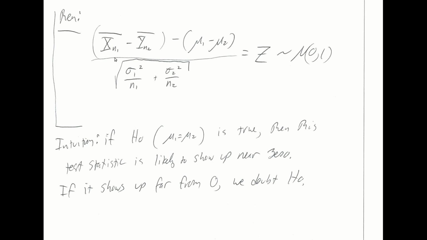We can find the sample mean for the sample taken from the first population, we can find the sample mean for the sample taken from the second population, we can take the difference in the two sample means here and divide by this expression, which is going to be the sum of the two corresponding expressions.